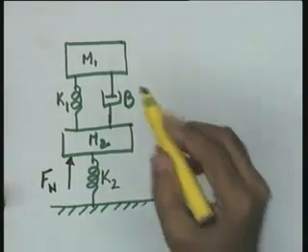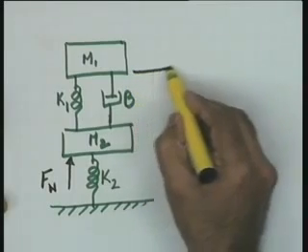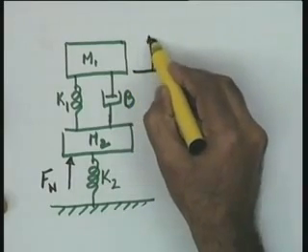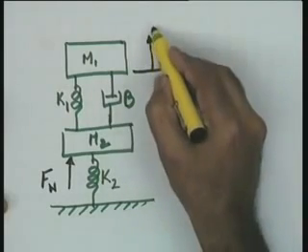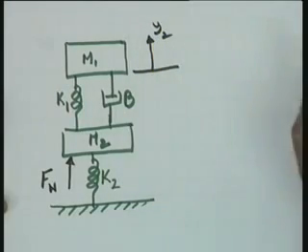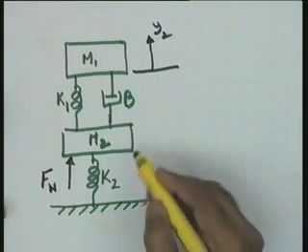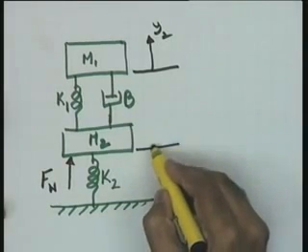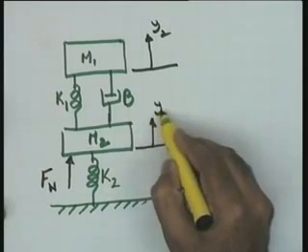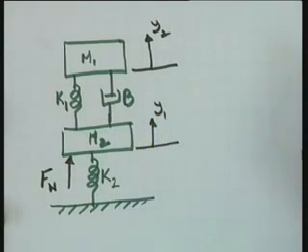What is your interest? Your interest is that your body should not vibrate. So, let me say that this y2 is the output of interest, the vertical motion of the automobile. Let me consider this mass m2 and this y1 as another variable in this system.